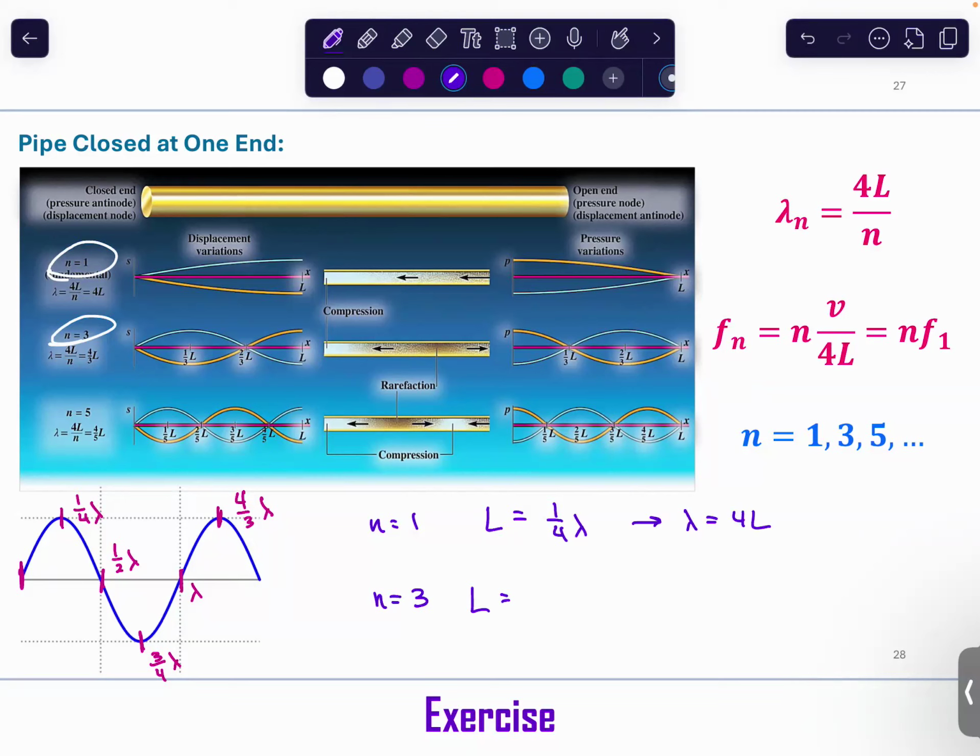So at L for n equals 3, what do we have? We're looking at that sine wave. So what we went here, here, here, here. That one. Of course.